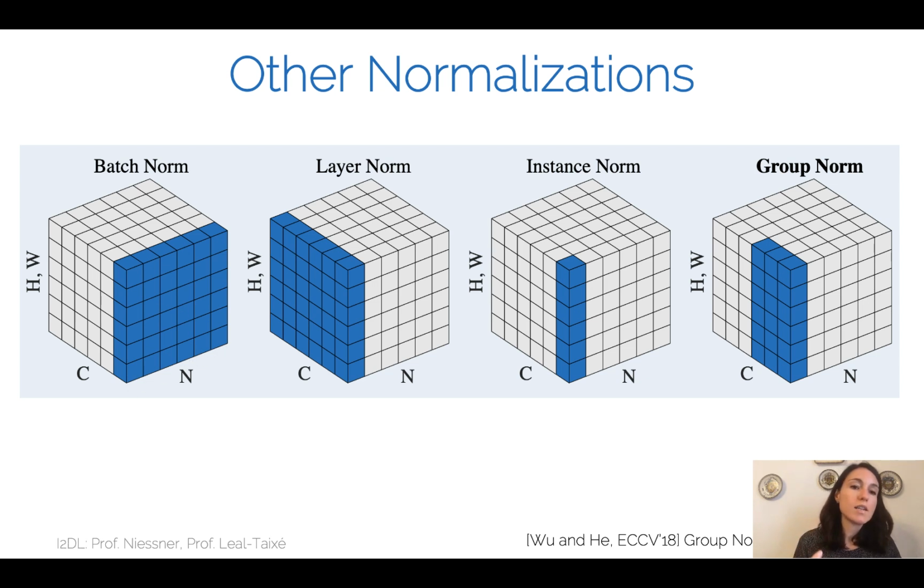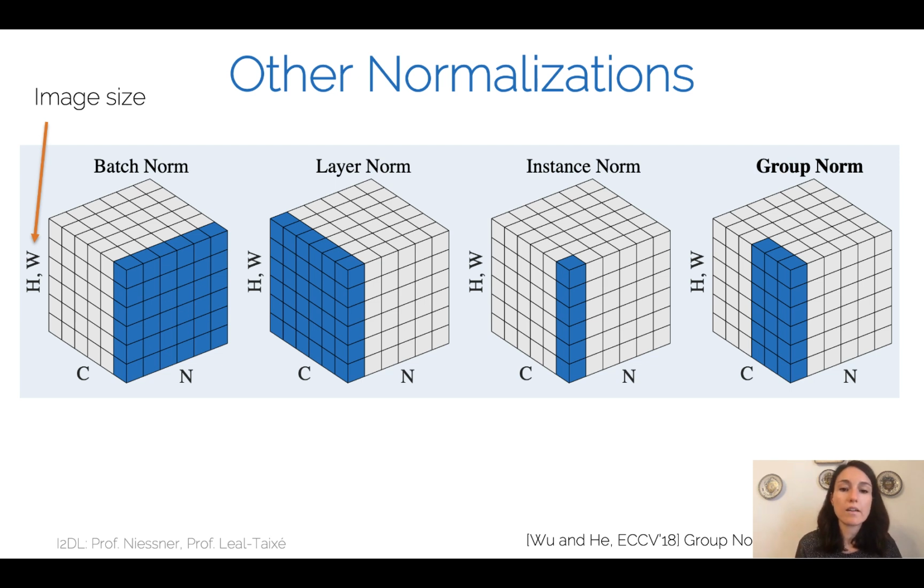Batch normalization, for one feature dimension and for all the training samples, normalizes the values that are depicted here in blue. Now, H and W is again the image size, so the spatial size plays no role in any of these normalizations. So this is for batch normalization.